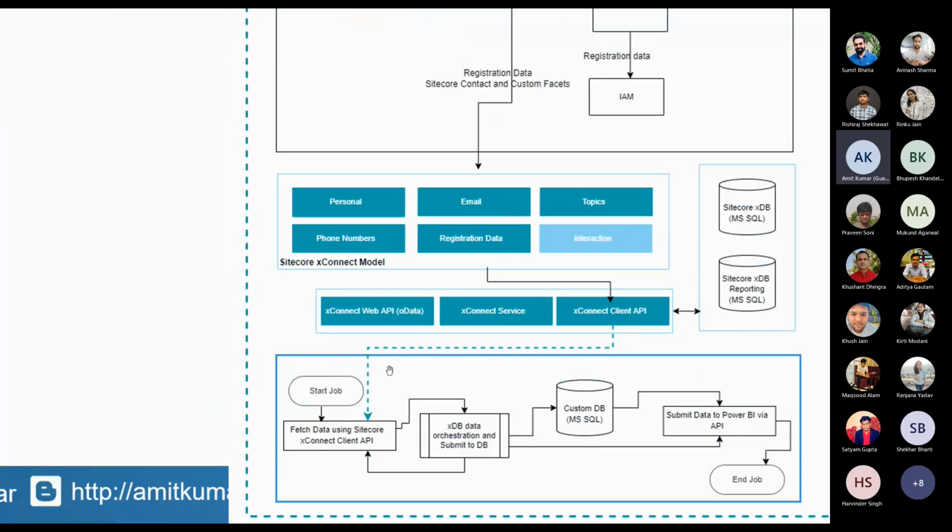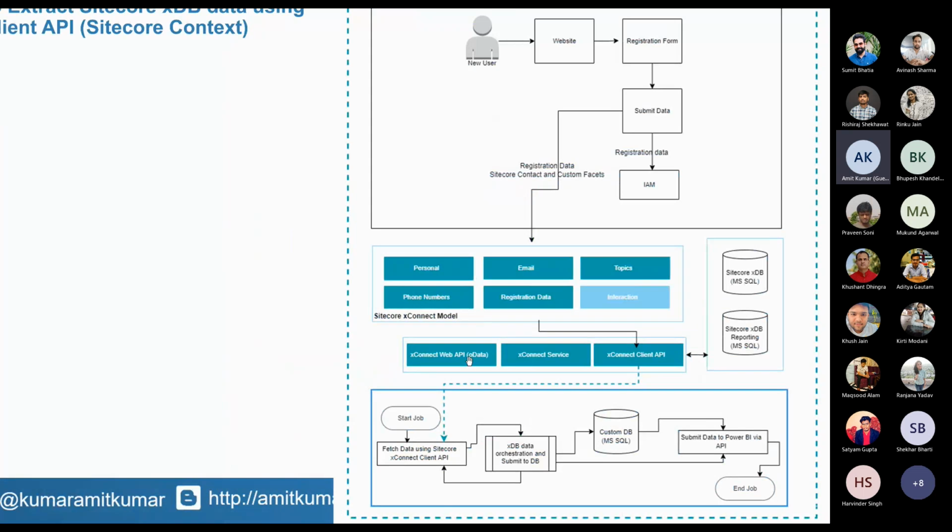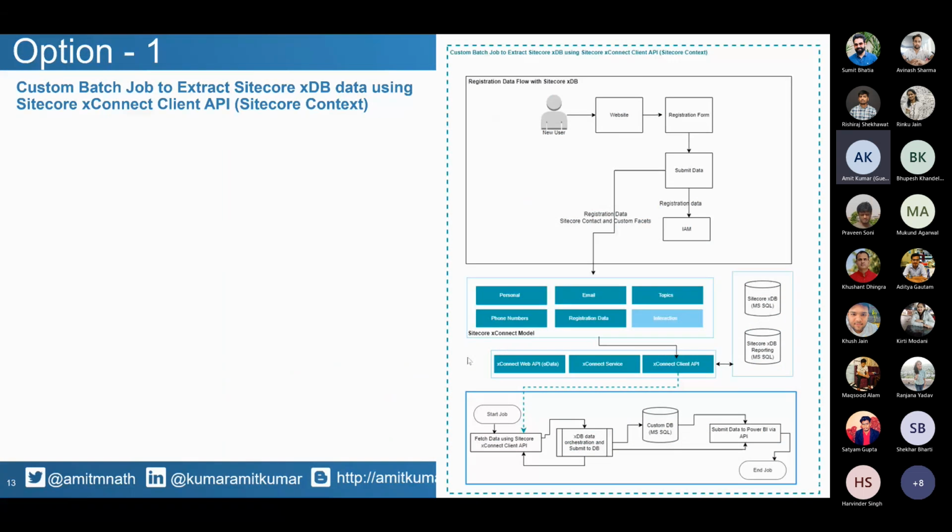You can create a Sitecore scheduler also on your need basis, and it will utilize the xConnect client API, and it will take all the data, orchestrate the data, and submit that data in an understandable format to any database source, or you can directly submit to the Power BI API also.